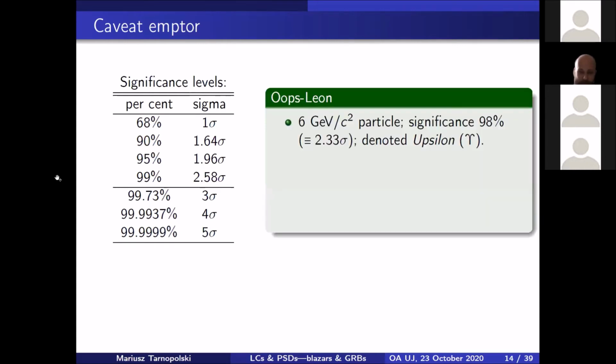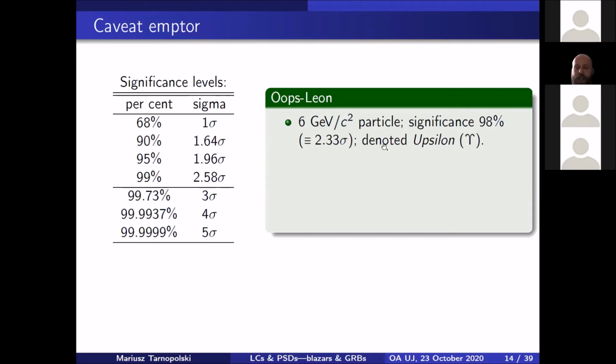And let me illustrate this with a story. In 1976, an LHC team led by Leon Lederman, a later Nobel Prize laureate, announced in Physical Review Letters discovery of a 6 GeV particle with a significance over 98%. The paper actually used a phrase 1 in a 50 chance.